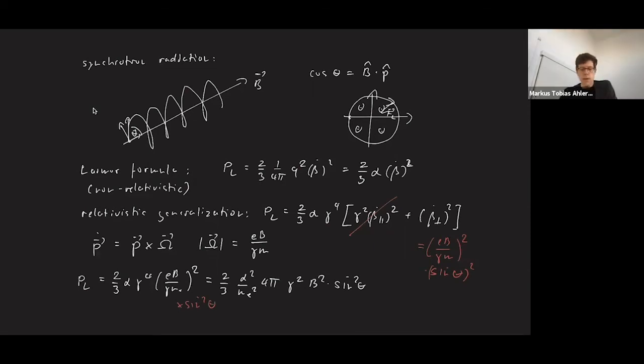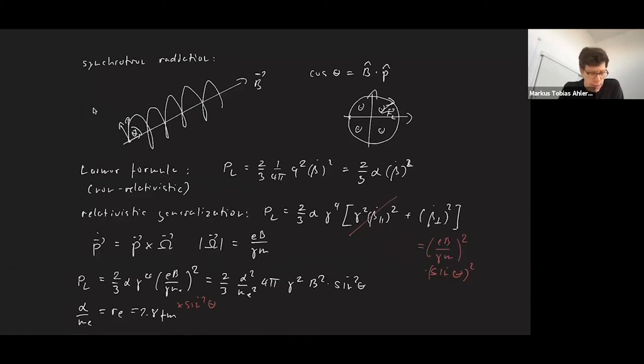And now we can somewhat simplify this expression. First of all, the combination of alpha over m_e is also known as the classical electron radius, r_e. And this classical electron radius is of the order of 2.8 femtometer.